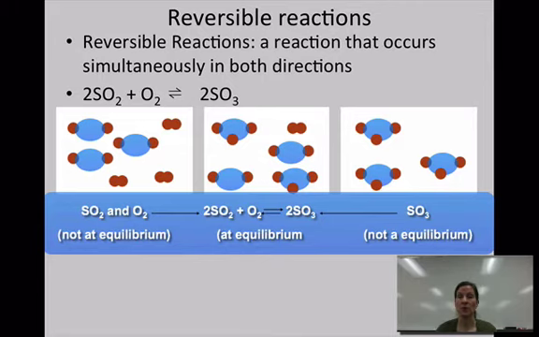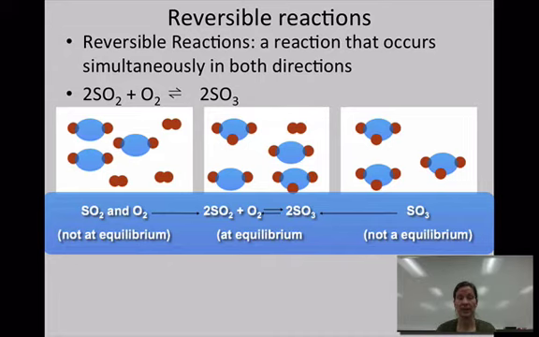As SO2 and O2 hit and rearrange, they become SO3, but SO3 actually interacts with itself and redecomposes into SO2 and O2 simultaneously. And you'll see here for the first time we have a double arrow. Okay, we have an arrow that's pointing in both directions, meaning this reaction proceeds in both directions.